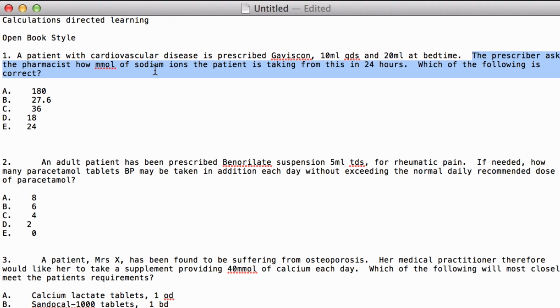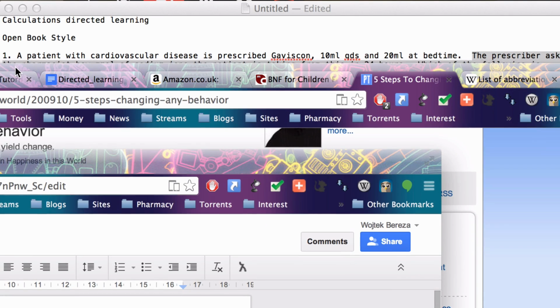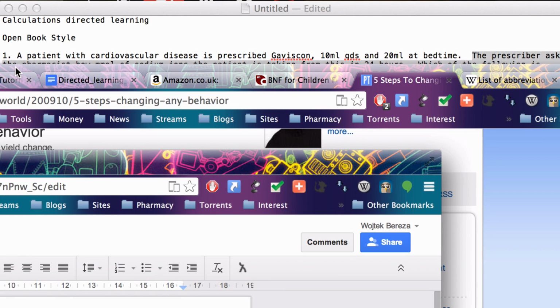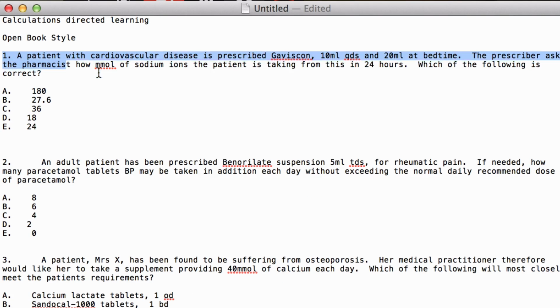Claire, do you know the reference of this? How do you know how many millimoles of sodium ions are in something? The molecular weight. No. When you see this question, what's the first thing that goes through your mind?